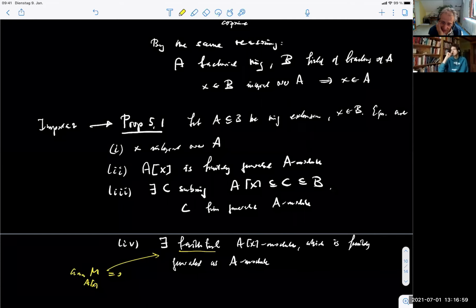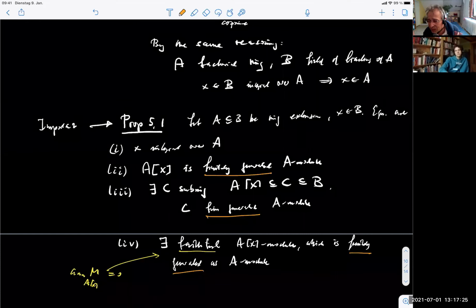Okay, so this at first glance maybe doesn't look so useful, but remember all of these conditions. Somehow the important thing here is finitely generated. This is finitely generated, this is finitely generated. Somehow this expresses that something is finite dimensional in a way.